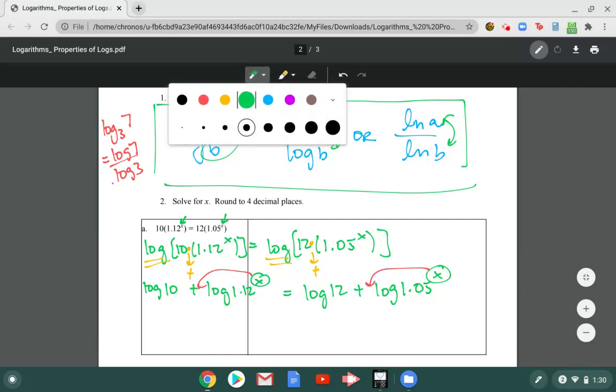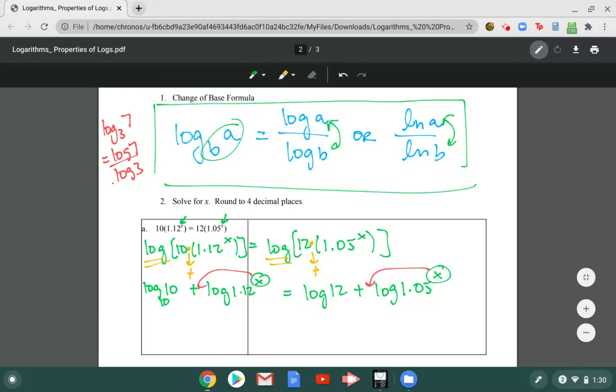And I get log 10. Can we just change that to a 1? 10 to what power equals 10? Let's just change that to a 1. Plus x log 1.12 is equal to, log 12 doesn't simplify. I don't like to use decimals until the very, very end because there's a lot of rounding errors that can happen. x log 1.05. Now remember, your goal is to solve for x.